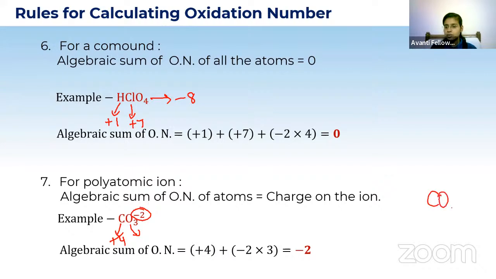So the oxidation numbers add up to +4 and -6, which is nothing but -2. And that -2 is equal to the charge on the ion. Clear? Able to understand?